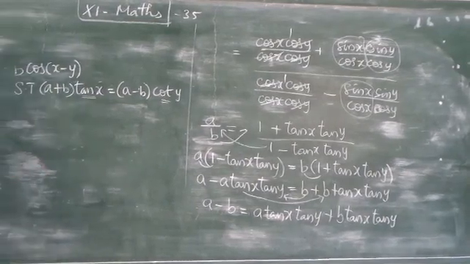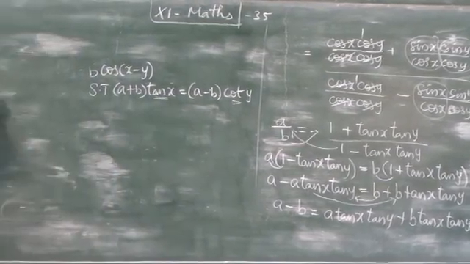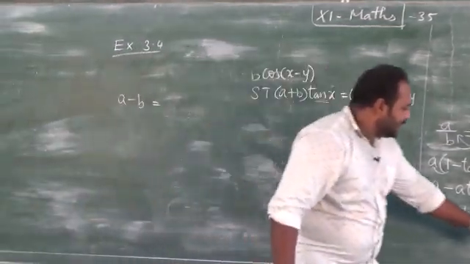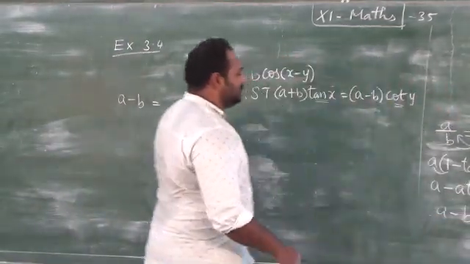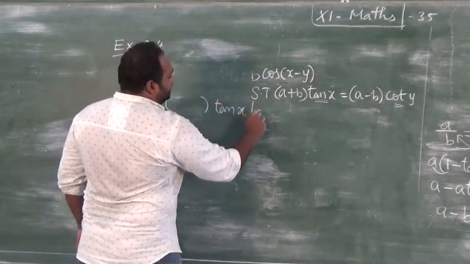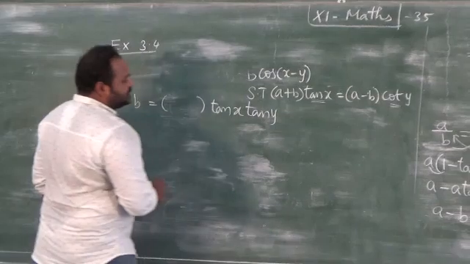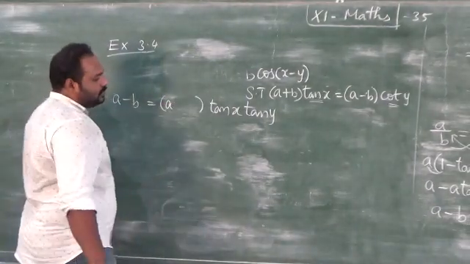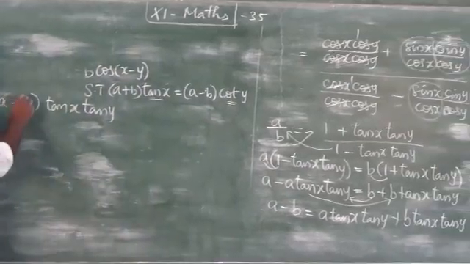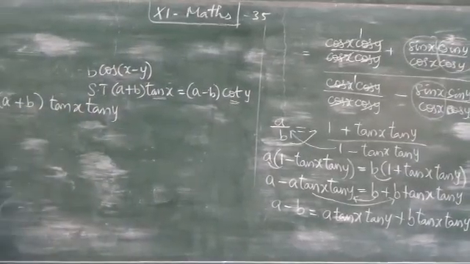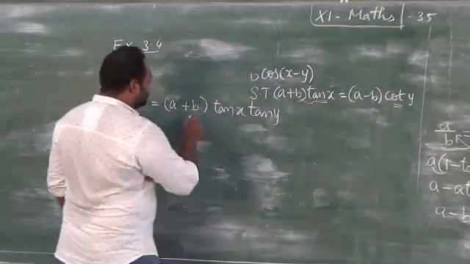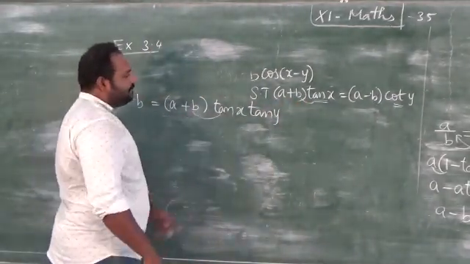Now look at the right-hand side: A − B equals. Can I take tan x tan y commonly outside? If you take tan x and tan y outside, what is inside? A alone, and B alone for the other term, so A + B. So A − B equals (A + B) tan x tan y.